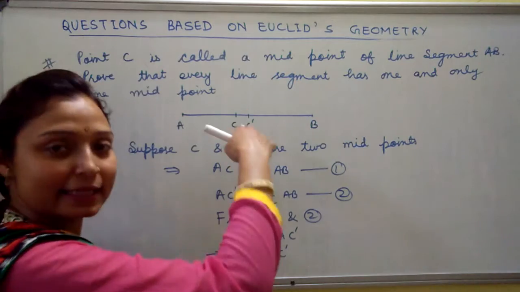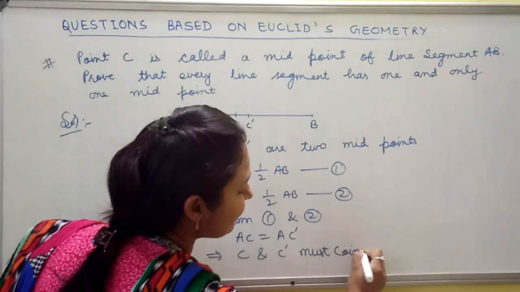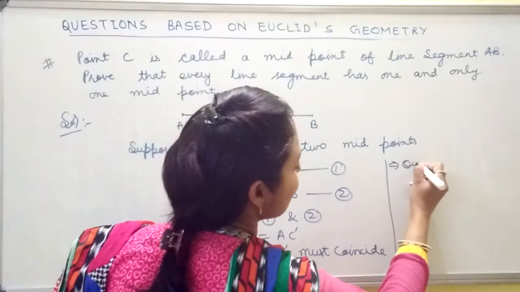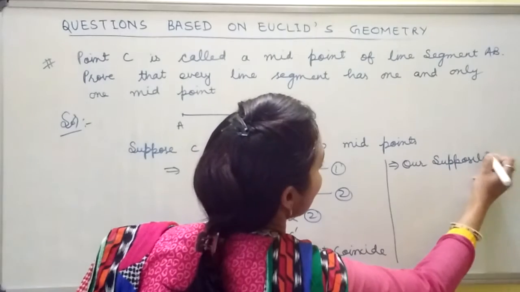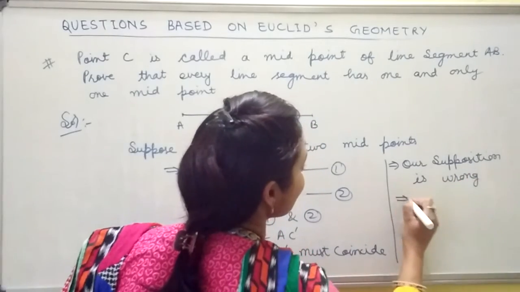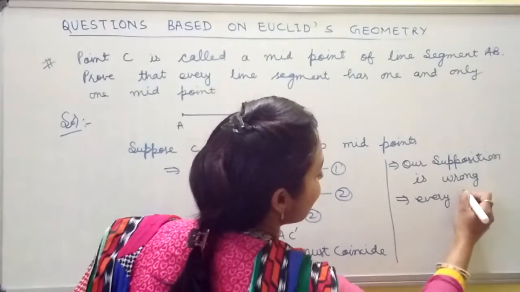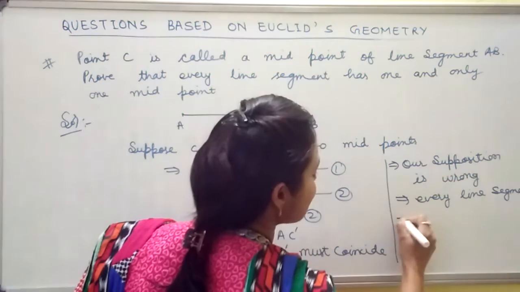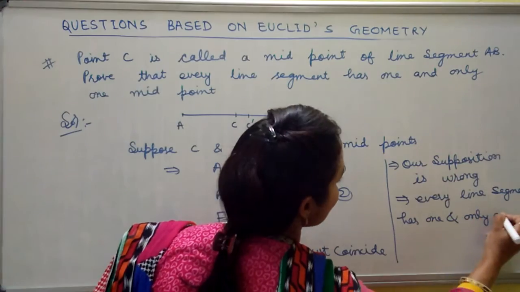They coincide with each other. C and C dash must coincide. That means our supposition is wrong. And this proves that every line segment has one and only one midpoint.